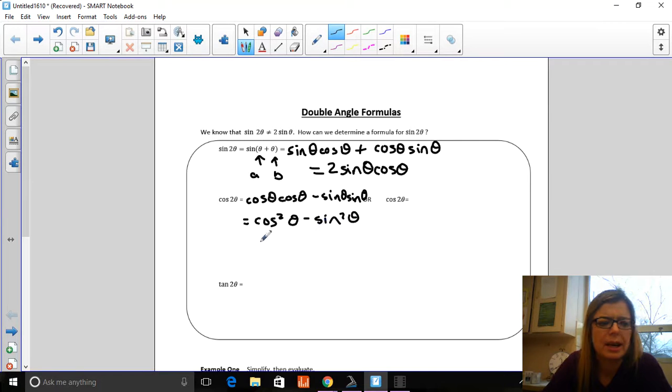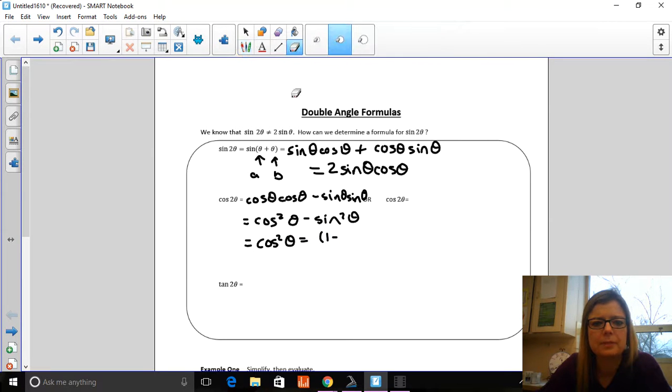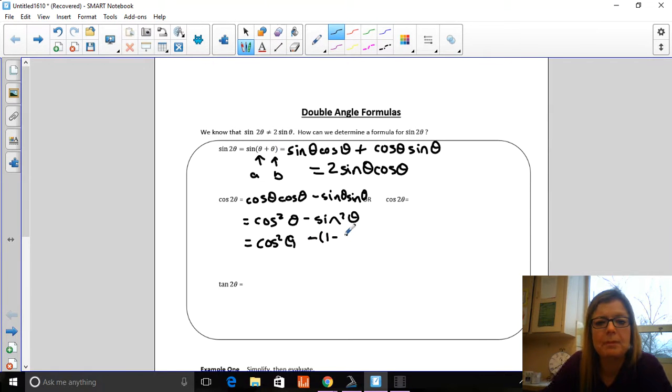All right, so sine squared theta can be rewritten using the Pythagorean identity as 1 minus cos squared theta. So then this can all be rewritten as 2 cos squared theta minus 1.